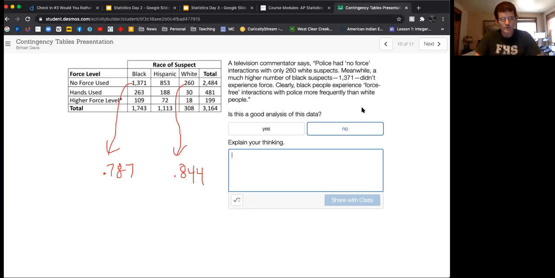So when we compare the proportions or the rates, then we can see that there is a little more to the story. So the whole point here is, is it good analysis? And yes, we're using some real world data that gets real.